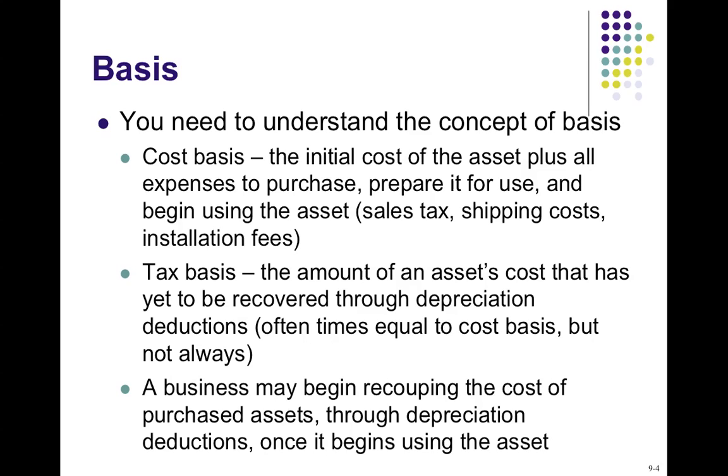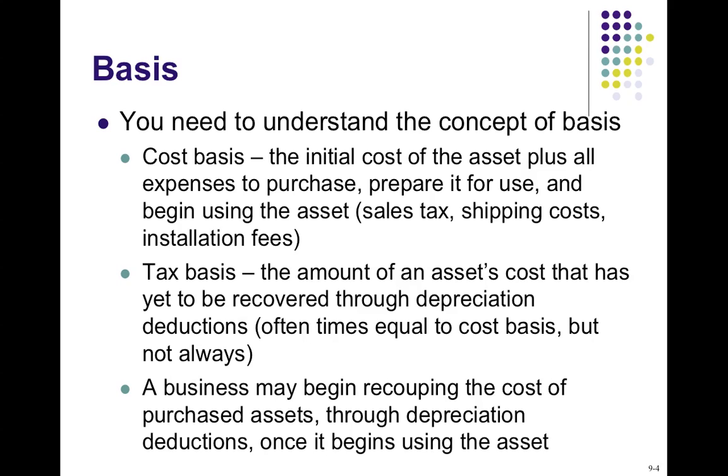But tax basis is, again, the amount of the cost that we haven't yet gotten a deduction for. Once we purchase something and we establish that asset's tax basis, then we get to start taking depreciation deductions for that cost.